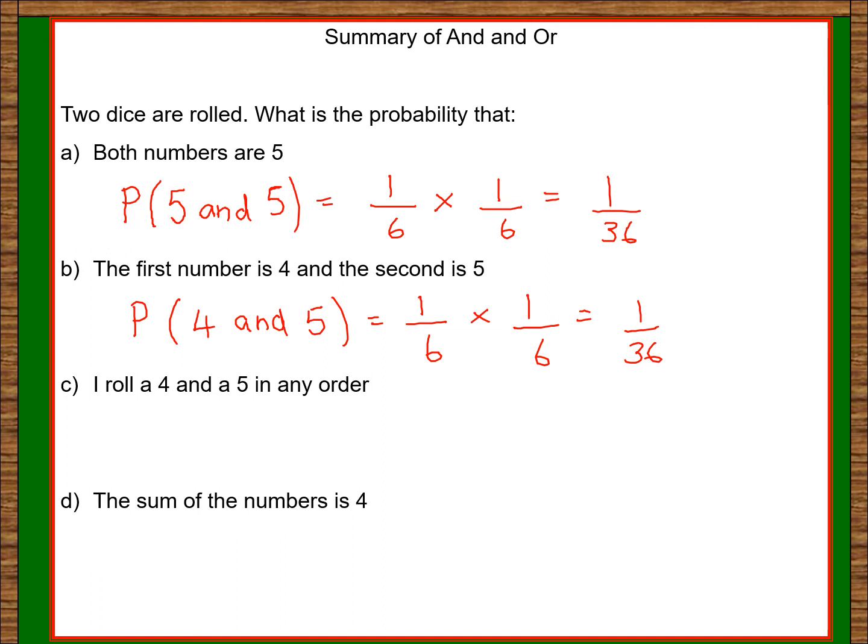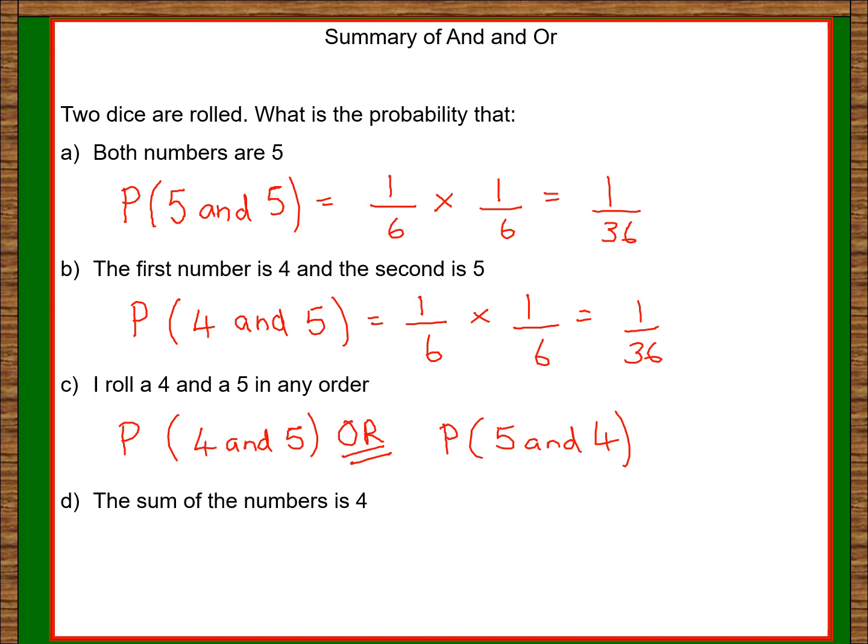However, what is the probability that I roll a 4 and a 5, but in any order? Okay, that could be a 4 and a 5, or it could be a 5 and a 4.